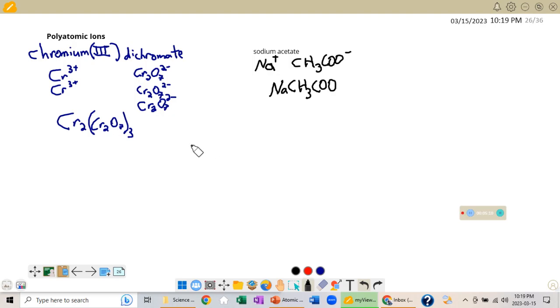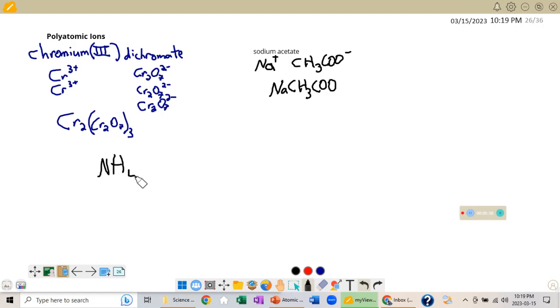And this is where the hard thing isn't actually doing the work. The hard thing is recognizing the formula for what it is. So let's look at one of the only polyatomic ions that has a positive charge, and that's ammonium.